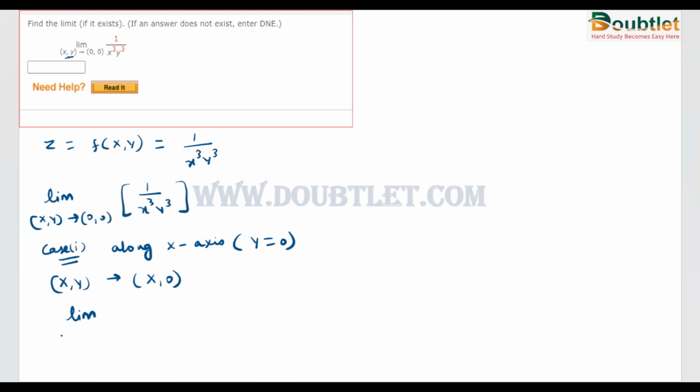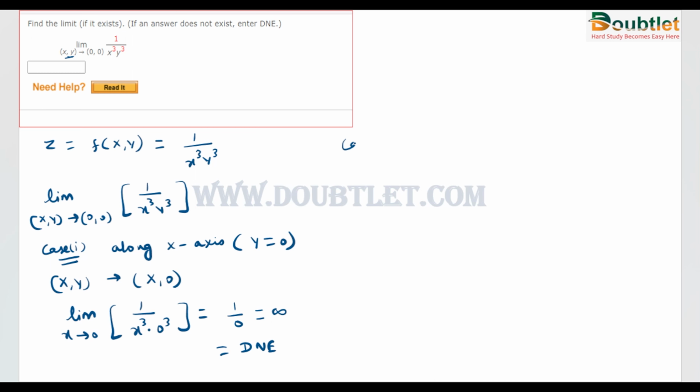So if we consider x tending to 0 and put y is equal to 0, it will become x cube multiplied by 0 cube. So we can write it as 1 divided by 0 and it will become infinite. So along the x axis the limit does not exist.